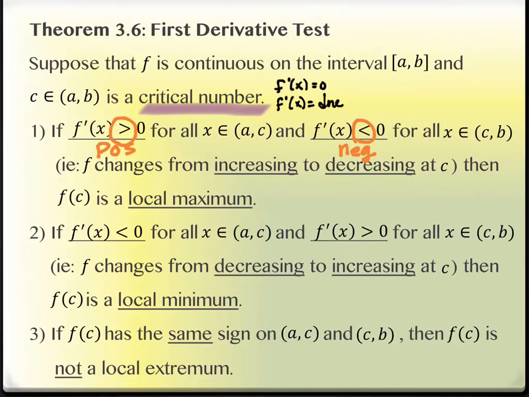So this is taking the language we used in the last theorem and merging it together. So the derivative changes from positive to negative, which means the graph changes from increasing to decreasing. And if you imagine a graph that's increasing and then decreasing, what's happening here at the top is what we would call a maximum. It's a relative maximum because we don't know what's happening later on in the graph, but in this nearby area, it's the biggest value.